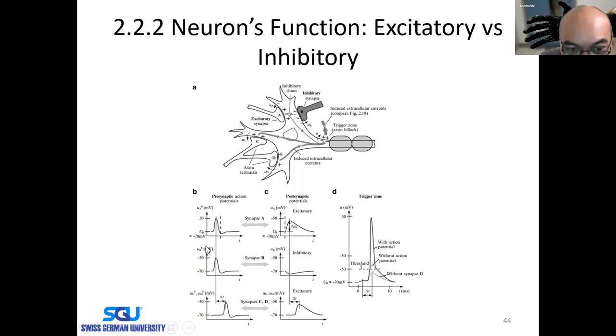So here, for example, in the presynaptic action potential, when it is excitatory, it will be amplified like this, and it will create a signal. When it is inhibitory, this action potential will be suppressed, then it will not create any trigger potential. Something like that.